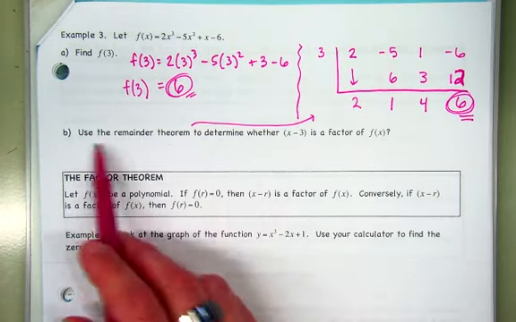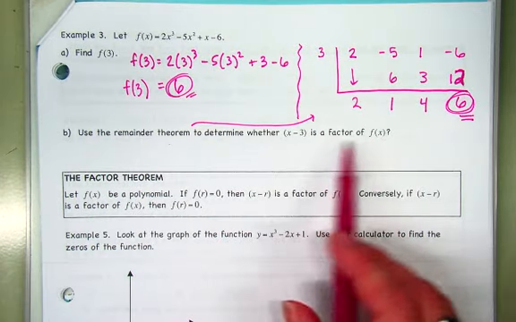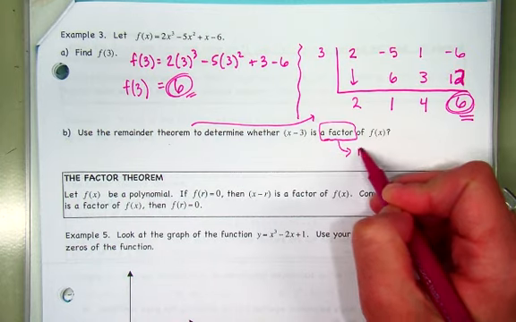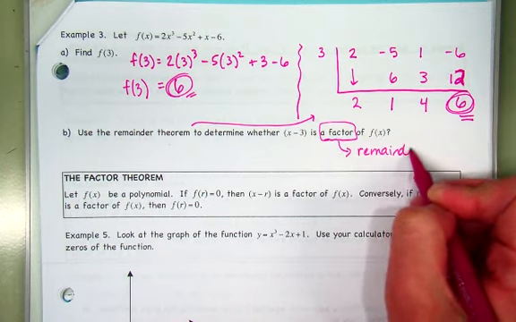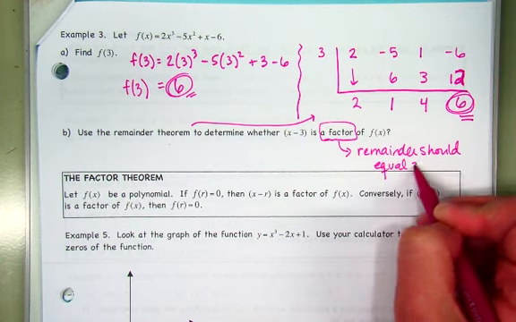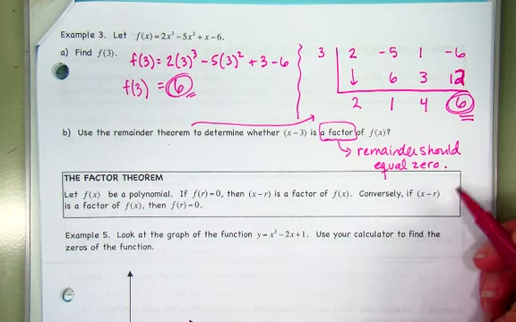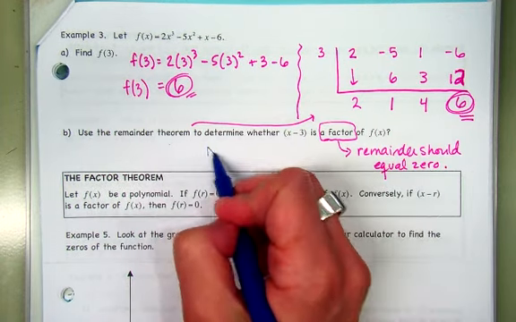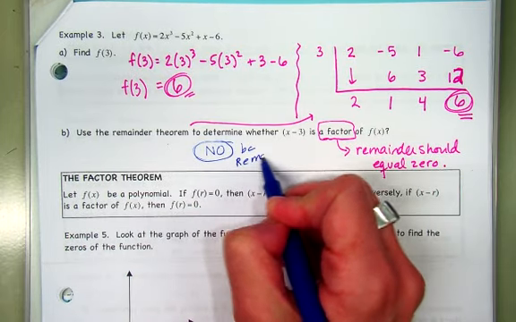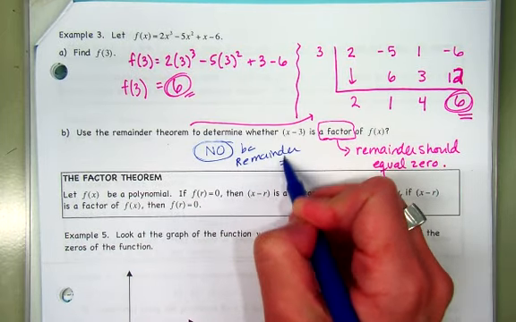It says use the remainder theorem to determine whether it is a factor. This is another word we can use. If it's a factor, the remainder should be 0. So is this a factor? No, because the remainder doesn't equal 0.